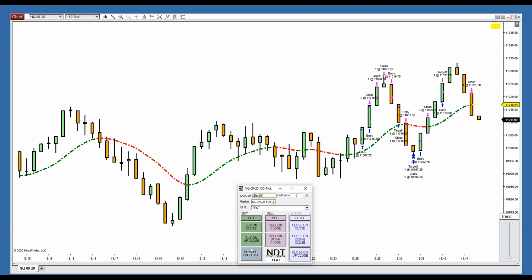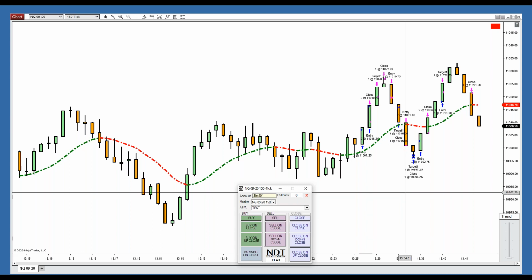We're going to stay with the buy on an up close, sell on a down close, and the other settings here. Close on an up close if you're short, buy on an up close if you're down. And I'm not going to go into the additional configuration we have for Renko traders.